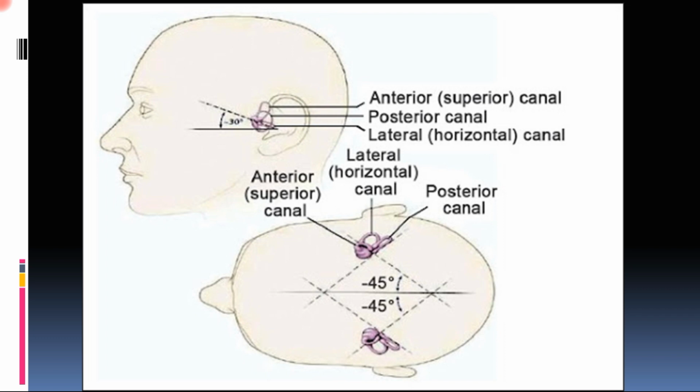Thus the presence of these semicircular canals in three dimensions is to sense the angular movement in all three dimensions of space. Because the anterior semicircular canal is present in this direction, it will be the most sensitive one to sense the angular movement occurring in that dimension.